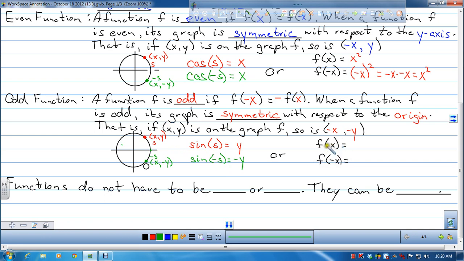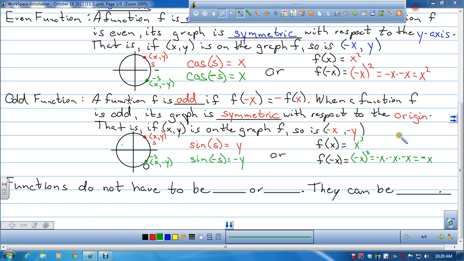An example of an odd function would be something raised to the third power, because when we substitute in negative x for that, that is the same as taking negative x times negative x times negative x. And when we take a negative times a negative times a negative, we get a negative x cubed.